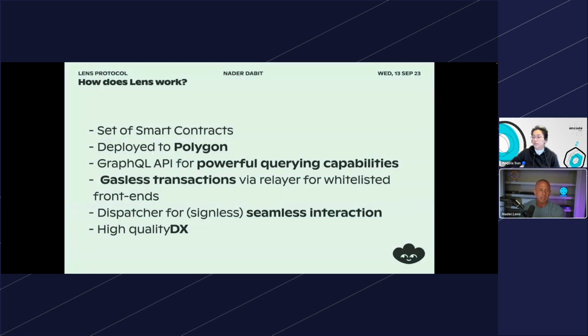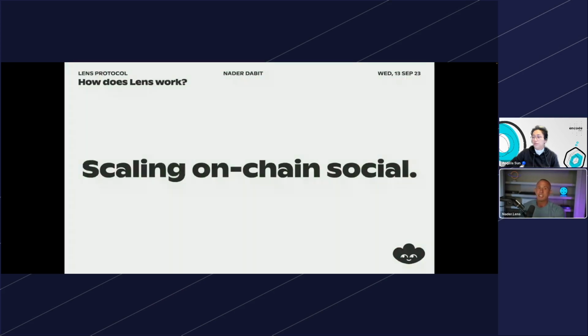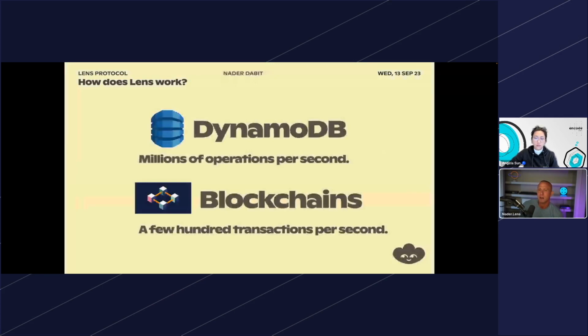But one of the questions becomes, when you're building in this way, how do you actually scale this? Because there's a reason why most people don't build these types of applications on blockchains or decentralized technologies. It's actually extremely hard to scale this. Because if you look at a database like DynamoDB, which is something I worked with at AWS for a little over 3 years, we had applications, for instance, Amazon.com, that were doing literally almost 100 million operations per second at peak load. And this application that was built on DynamoDB was actually just a single set of apps that Amazon dealt with.